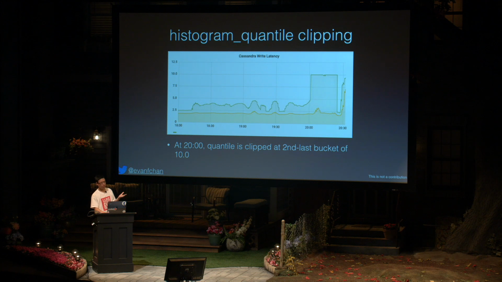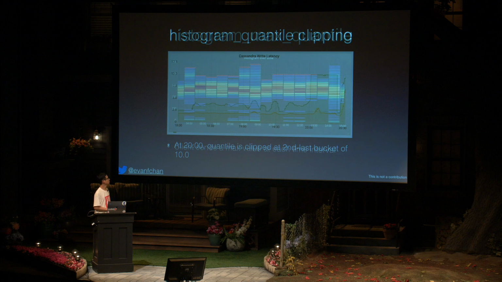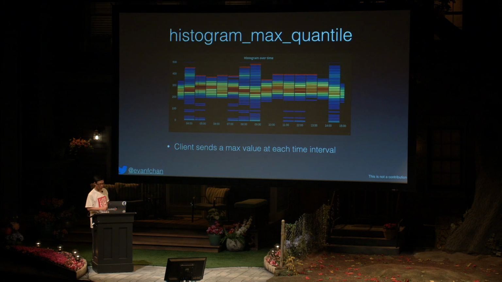And one solution to that is that, well, you could just redefine your bucket. That might be a little too late, though, in some cases. So another possible solution that could be used is that you could send a max value together with your data. So that red line represents the max possible values.